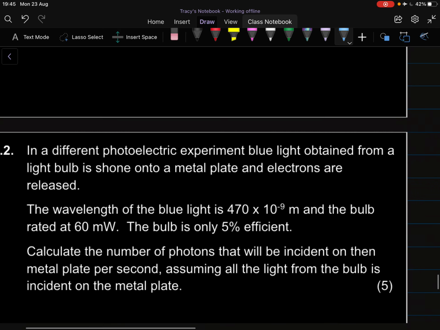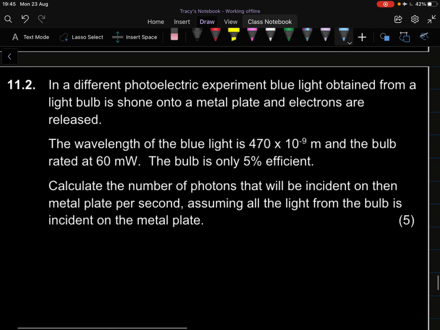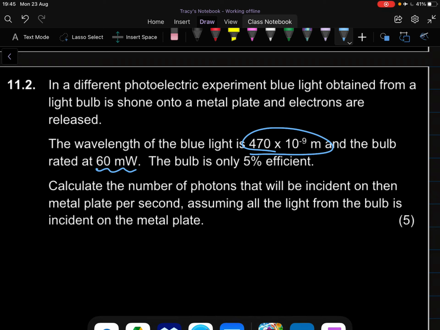Okay? Then, in a different photoelectric experiment, blue light obtained from a light bulb is shone onto a metal plate, and electrons are released. The wavelength of blue light is 470 times 10 to the minus 9 at a rate of 60 milliwatts. Okay?